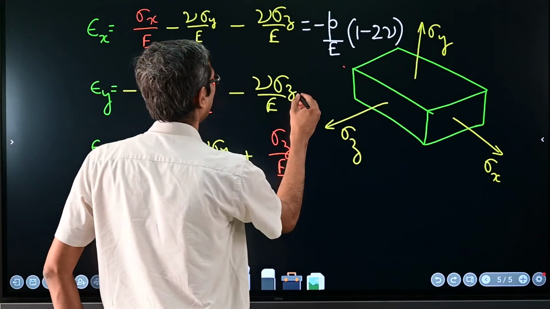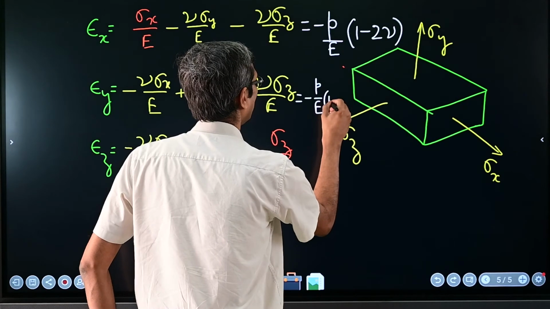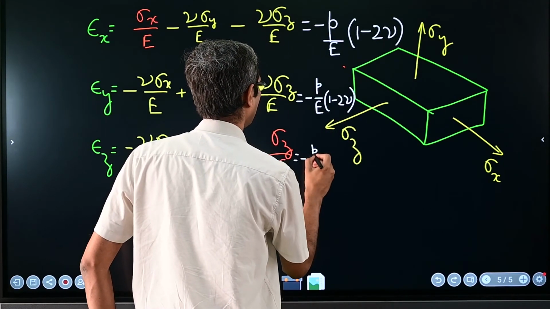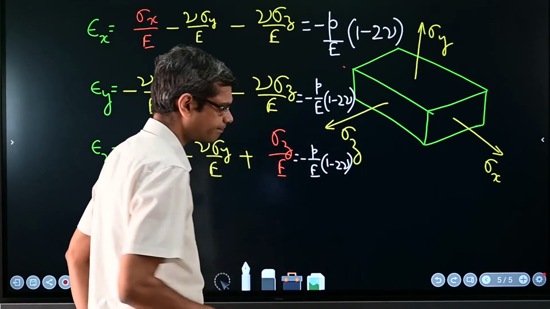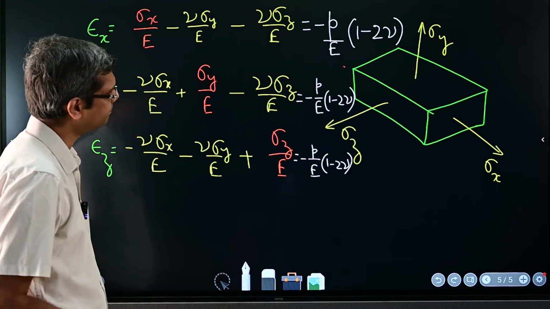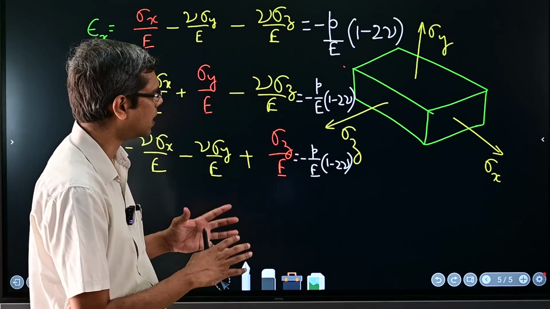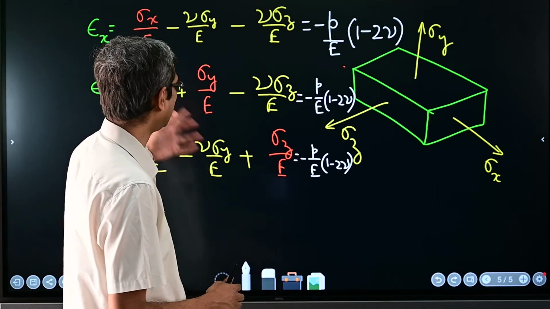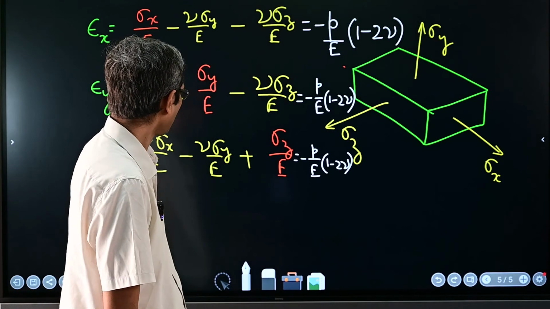Similarly, here minus P over E times 1 minus 2 nu, and here minus P over E times 1 minus 2 nu. So it is a very special case when sigma x, sigma y, sigma z are all the same and negative. The strain in that case is always the same in all three directions.